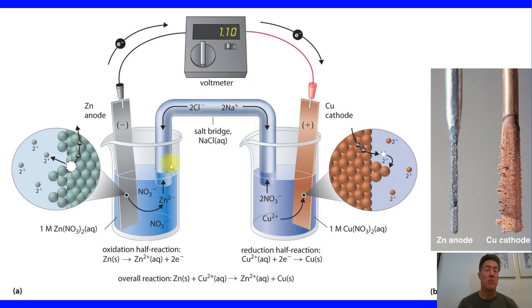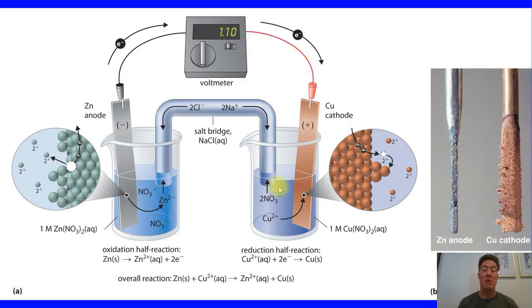This is called the salt bridge. It connects the two and allows ions to transfer to balance out the charges, because as we create more and more zinc 2+ ions, we create an overall positive charge here, and that needs to be balanced out, otherwise the battery will stop working.